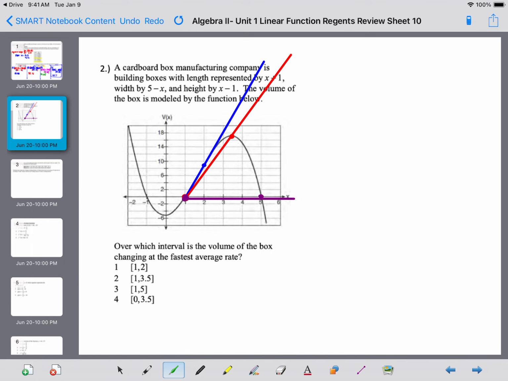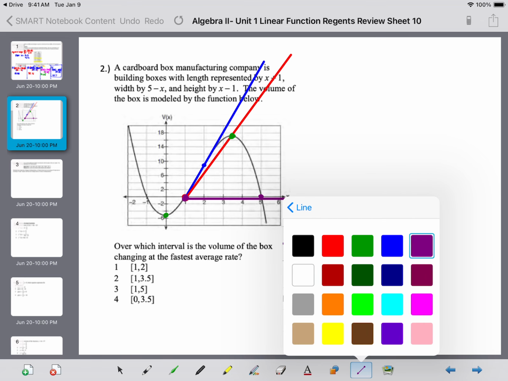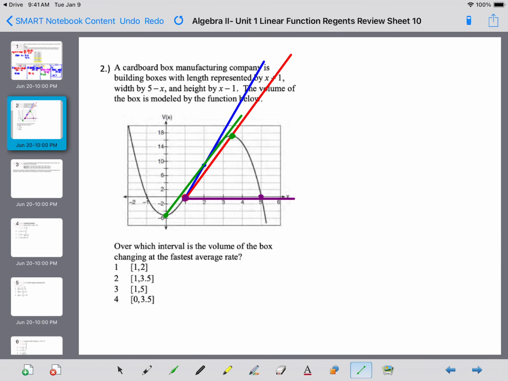And then lastly, 0 to 3.5, and you could see just by the rate that they're increasing at, the slowest is the purple line, the next slowest would be the green, the next slowest would be the red, and then the quickest was the blue. And the blue is the one that we did first, so that is 1 to 2.